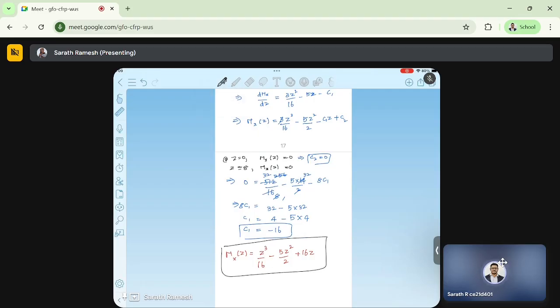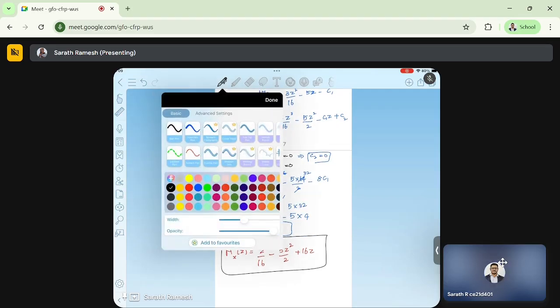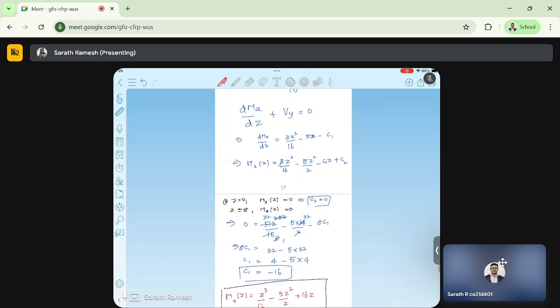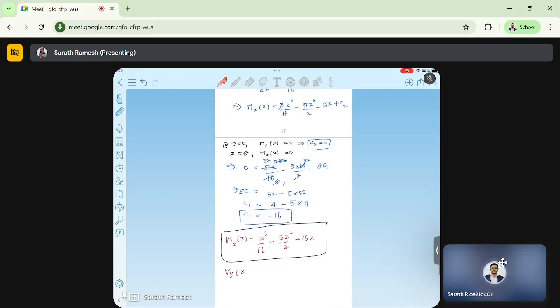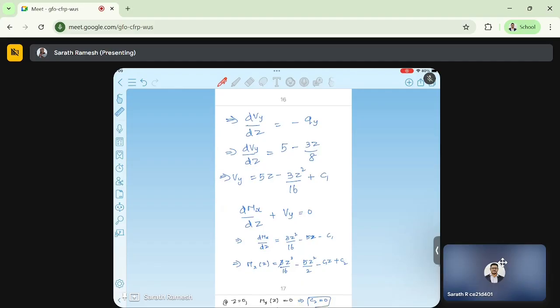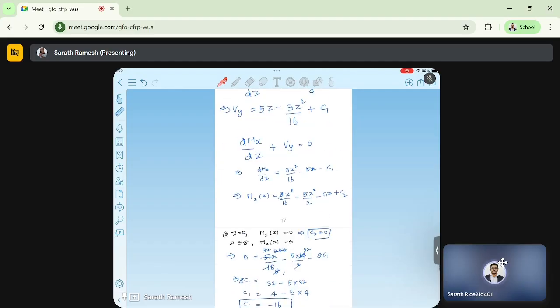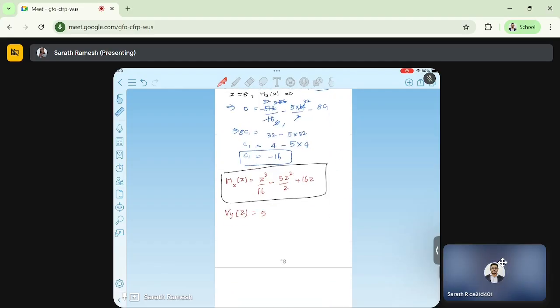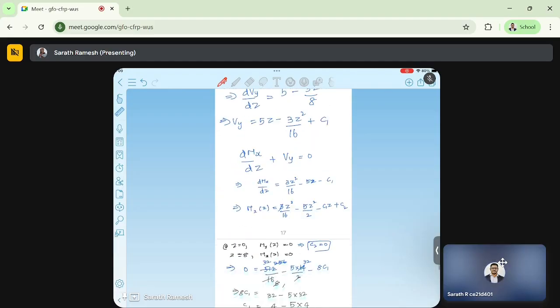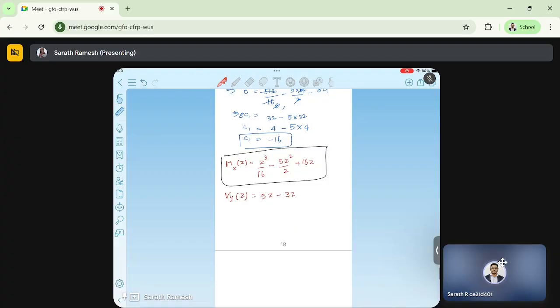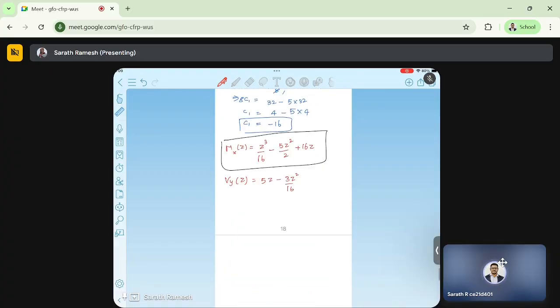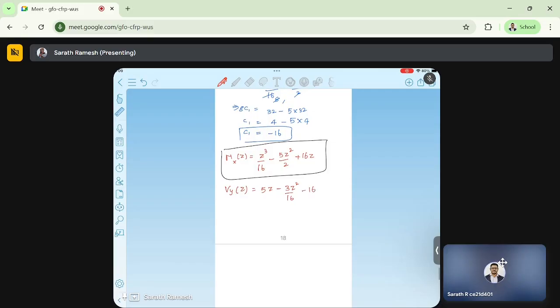And the shear force also we can get. Shear force expression will be Vy of z equal to 5z minus 3z squared by 16, plus C1 which is minus 16.